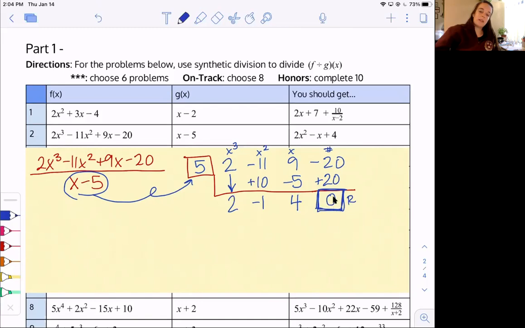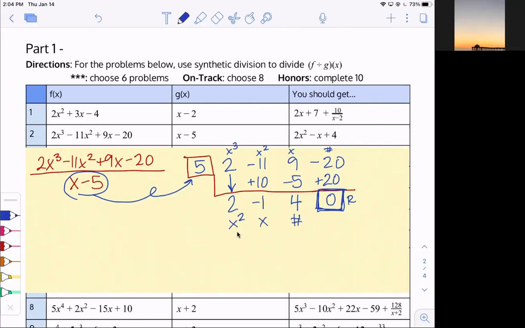So here's my remainder. What is this number? Negative 1 is my x. And then 2 to the power of 2. Yeah, x squared. So you'll notice, Gabby, if you label them at the top up here, they're not going to match. They're going to be 1 less than it was before. Okay. Does that make sense?